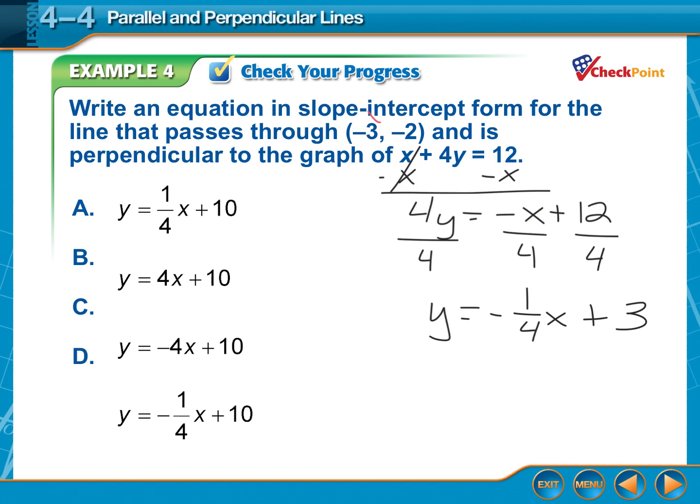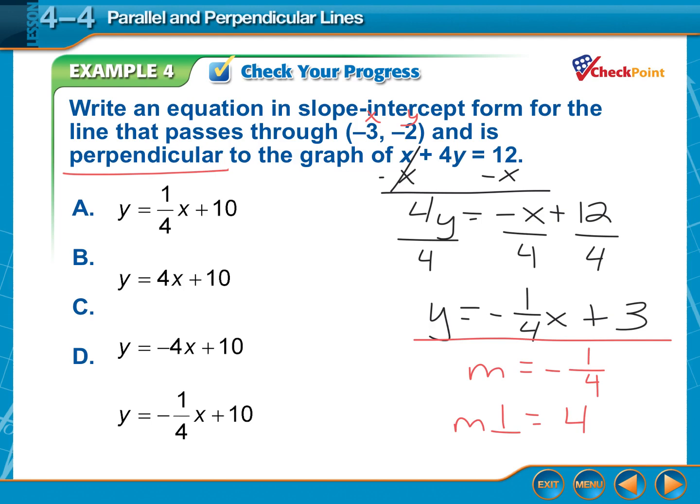Up here we have x and y. What's the slope of this line? -1/4. It wants perpendicular, so what would my perpendicular slope be? Positive 4, right? Flip the sign and then flip the fraction.